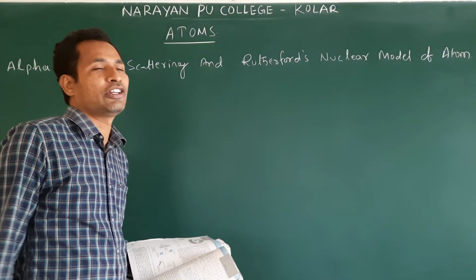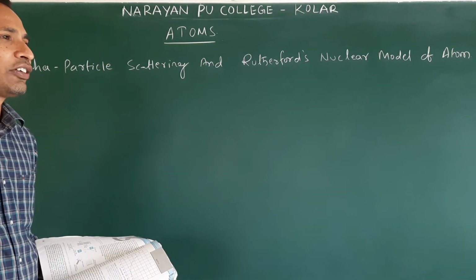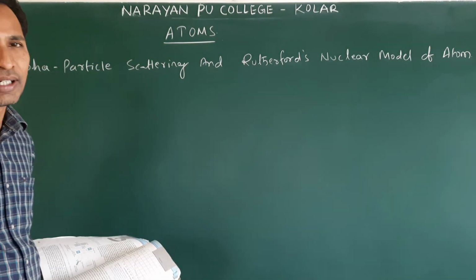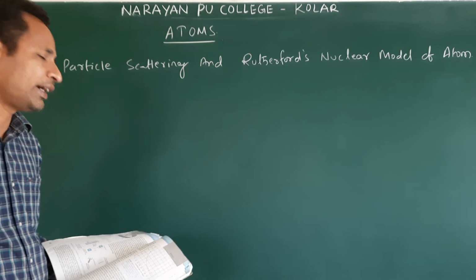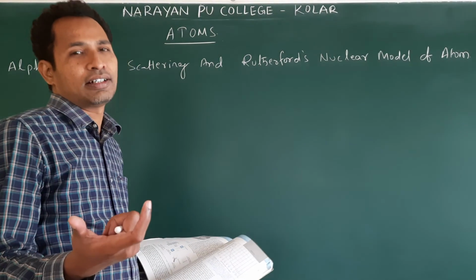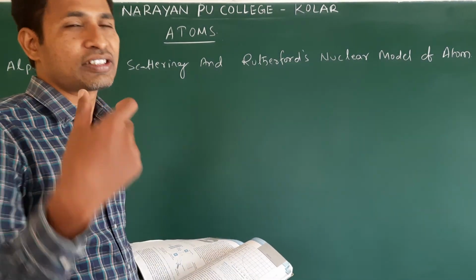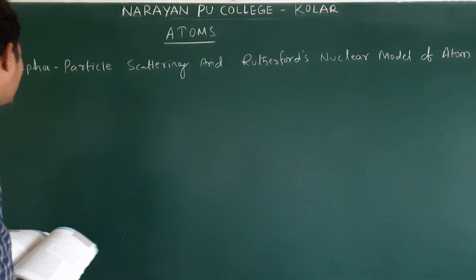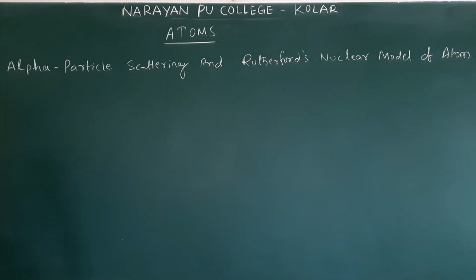From a radioactive element, they allowed the alpha particles to fall on gold foil, and they studied the scattered alpha particles. The experiment is given here.